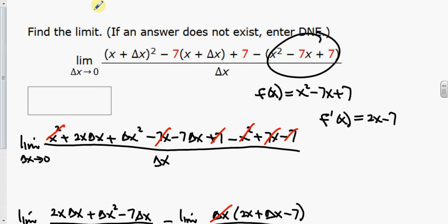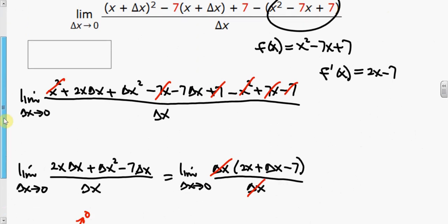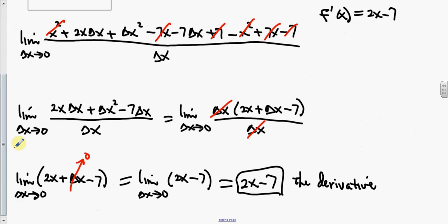And that definition says that f prime of x is equal to the limit as delta x goes to 0 of f(x + delta x) − f(x), divided by delta x. This is the derivative. Thank you.